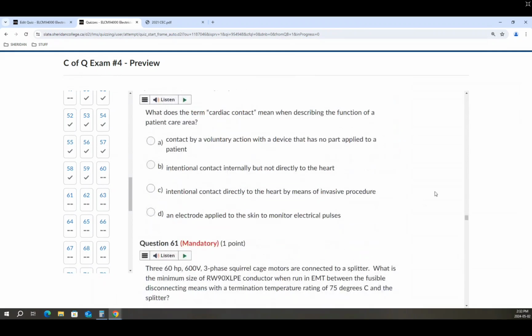Question 60. What does the term cardiac contact mean when describing the function of a patient care area? So, cardiac contact.